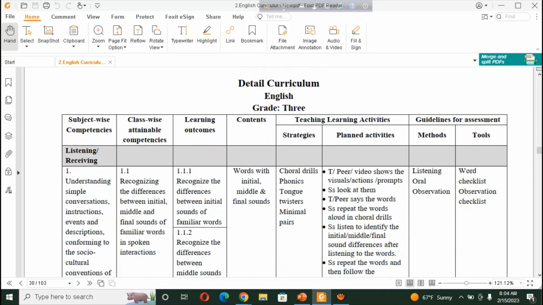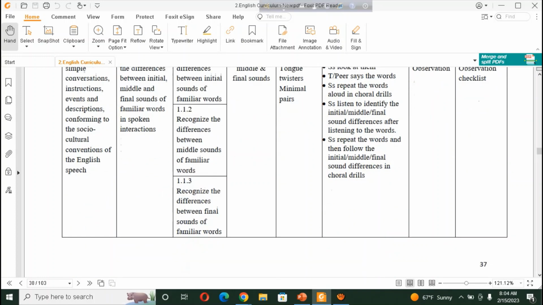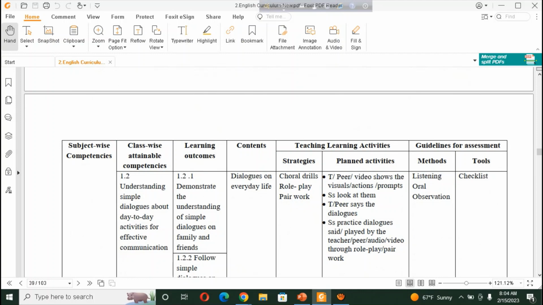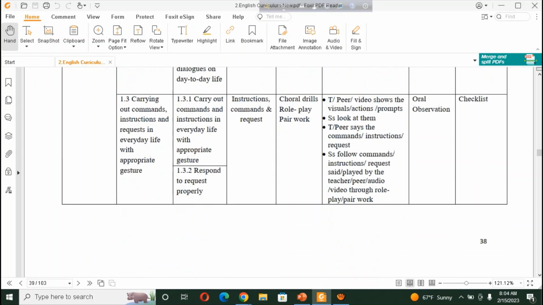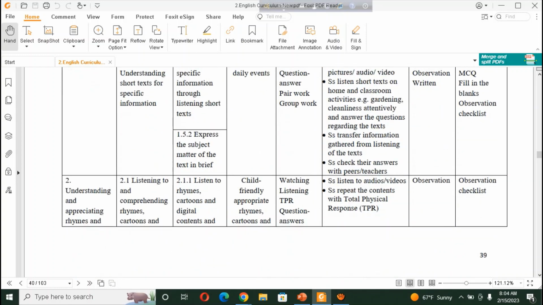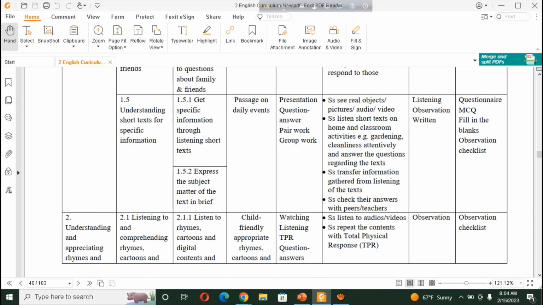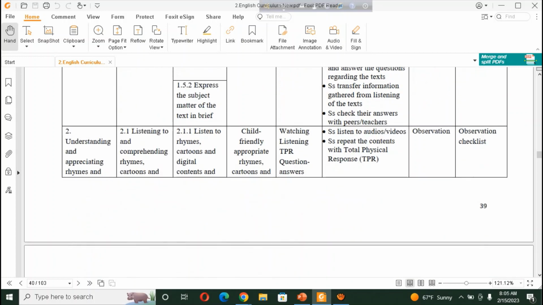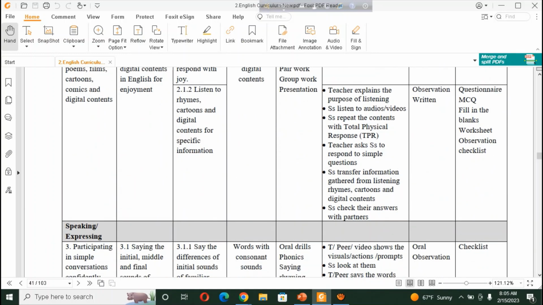Now it is time to start the class 3, grade 3 detailed curriculum. Listening has 3 competencies, 1.2 has 2 competencies, 1.3 has 2 competencies, and 1.1 has 2 competencies, 1.5 has 2 learning outcomes, and then understanding 2, 2.1, 2.1.1, 2.1.2.